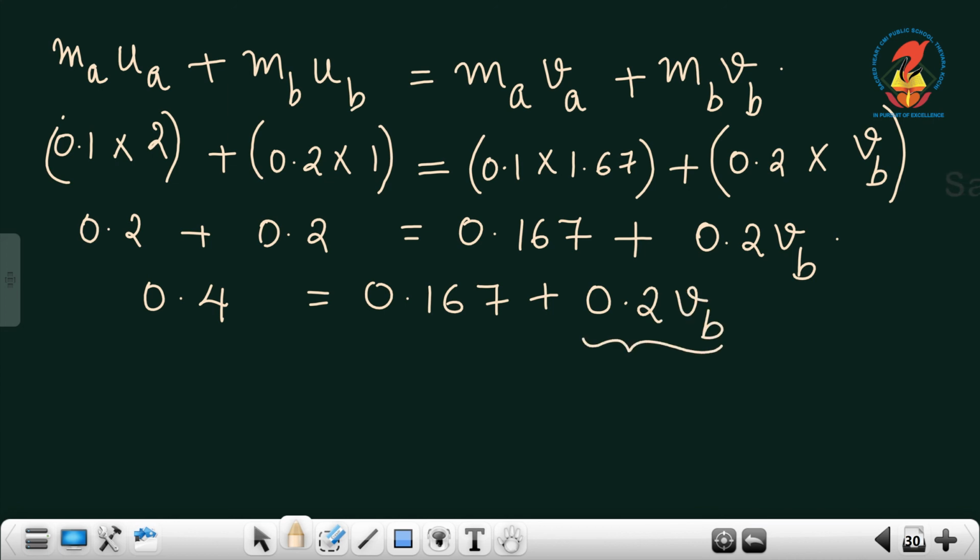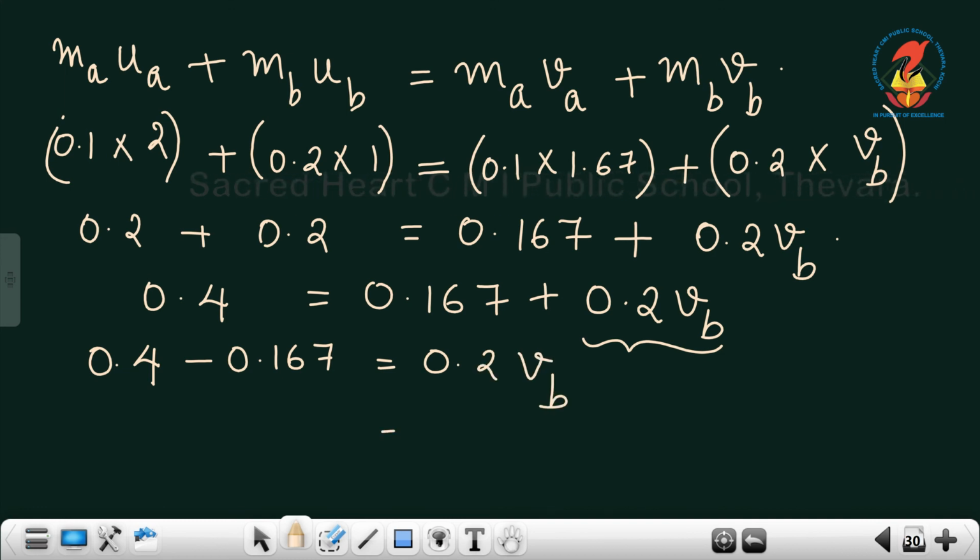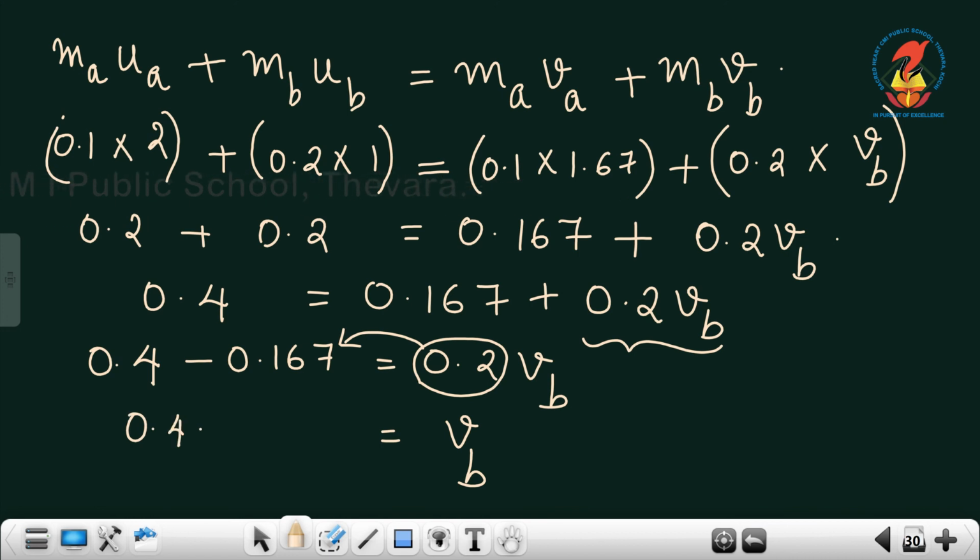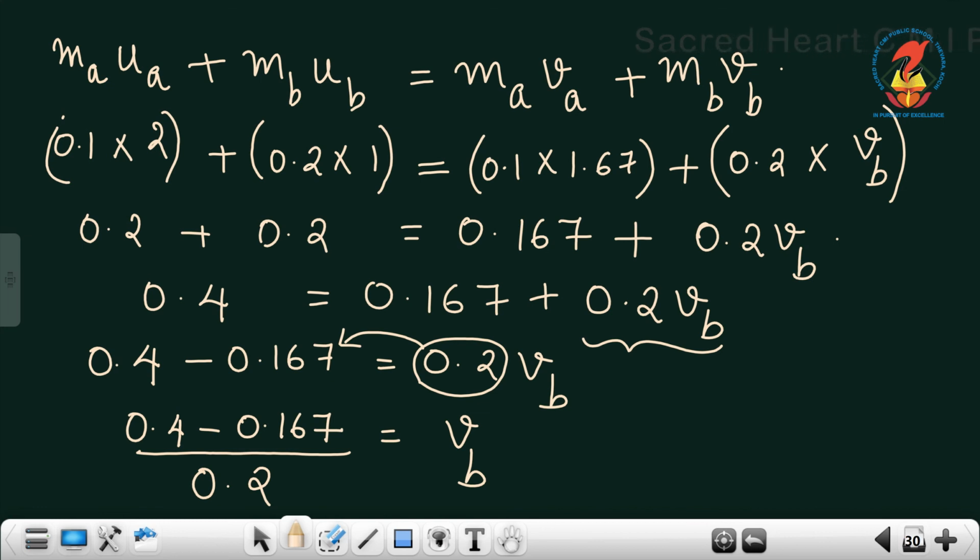So we need to solve for VB. Over here we already have 0.4. Now take this 0.167 to the left hand side. It becomes 0.4 minus 0.167 is equal to 0.2 VB. Again, we need to solve for VB. Now we take this 0.2 to the left hand side, so it becomes divided by 0.2. So 0.4 minus 0.167 divided by 0.2.